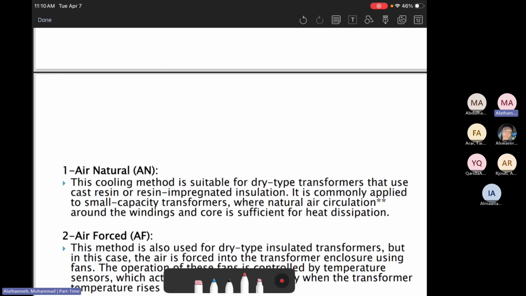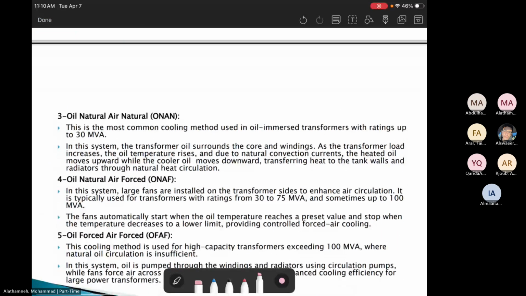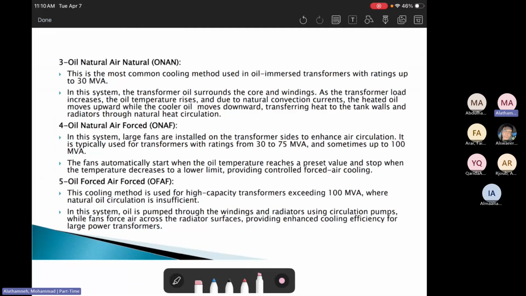We already mentioned this. So air natural, again, is for dry type, which is normal air, with no cooling fan. Air forced is dry type, but with cooling fans for cooling it down. Now, ONAN is used up to 30 megavolt ampere, in power transformers and distribution transformers as well.